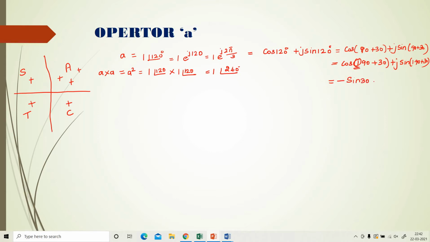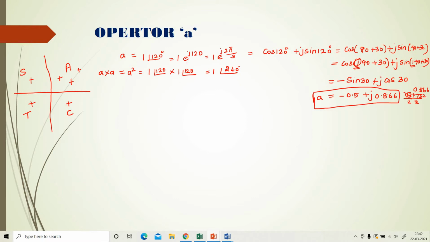Minus sin 30, here the sign is positive, so j, here also 1 odd, so it is changed into cos 30. What is sin 30? That is 1 by 2, 0.5, plus j into 0.866, because root 3 by 2. Root 3 means 1.732 divided by 2, that is 0.866.